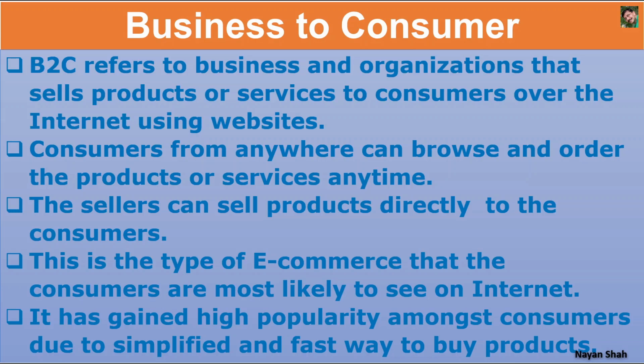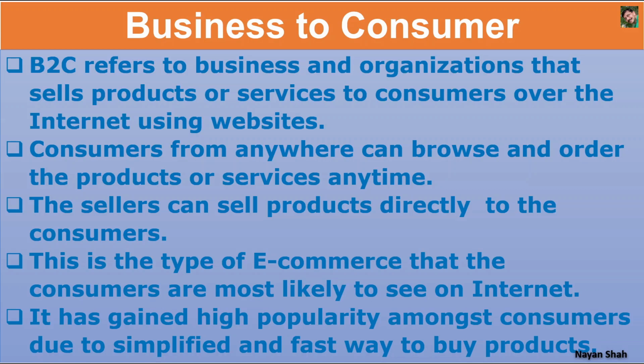So we can open all of these applications, Flipkart and Amazon, from any part of the world, and we can order any product which is available on that website, at any time and from anywhere.